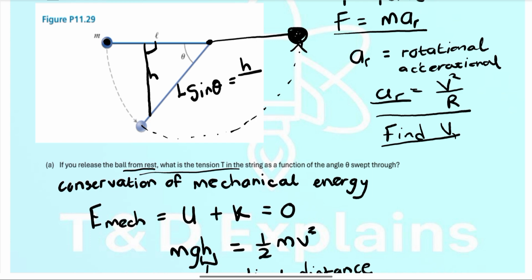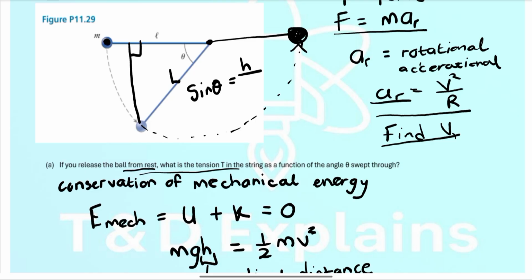To make this clear, let me just draw a line like this. This is the radius, which is still length L, because this is the radius, right?